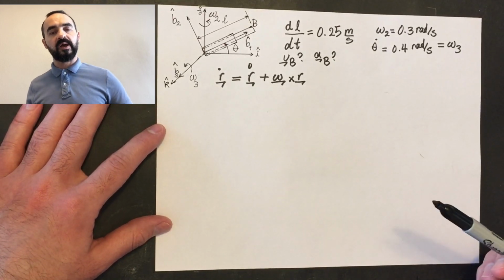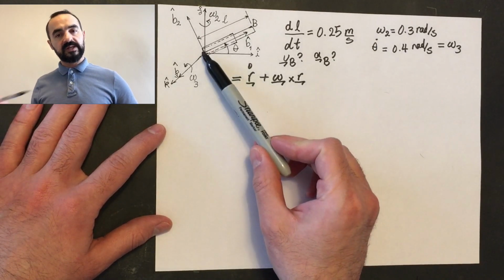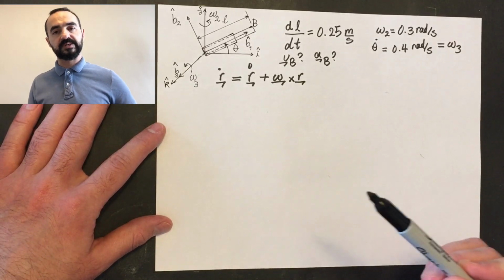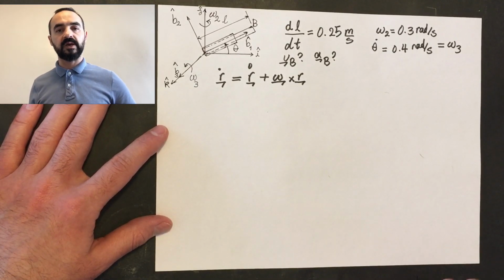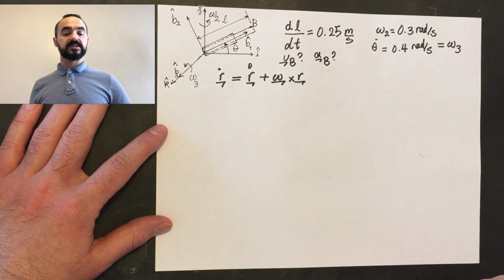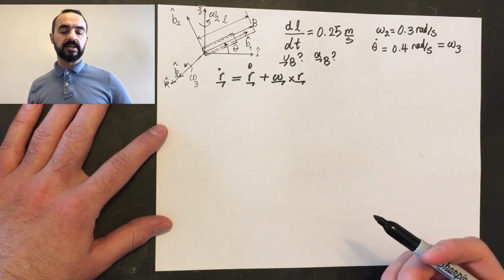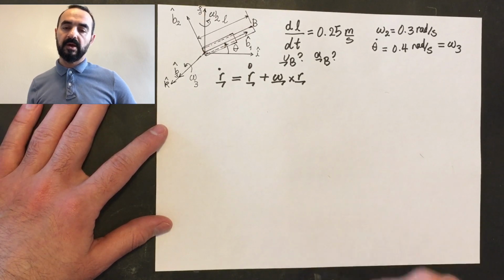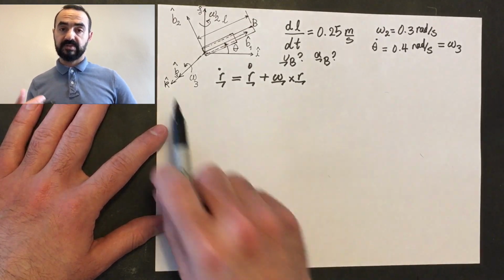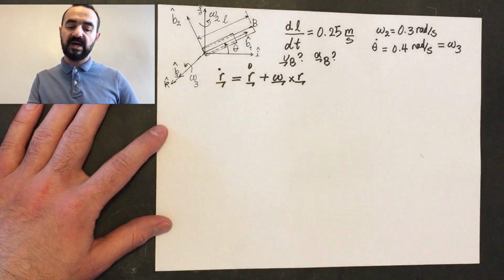So if I, as an observer, attach myself to this body attached frame, what do I see in terms of the velocity of B? How does the position of B vary with respect to this frame?